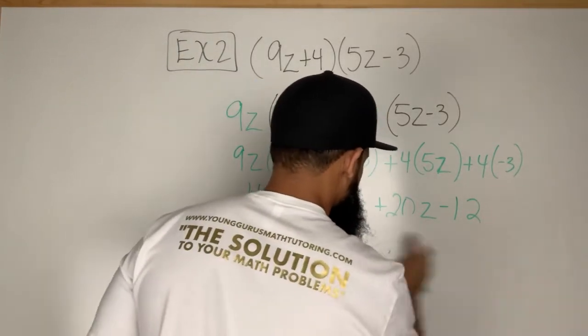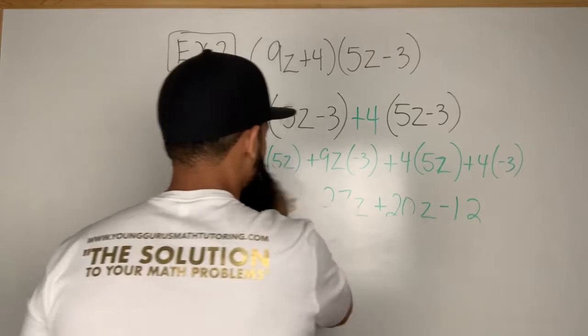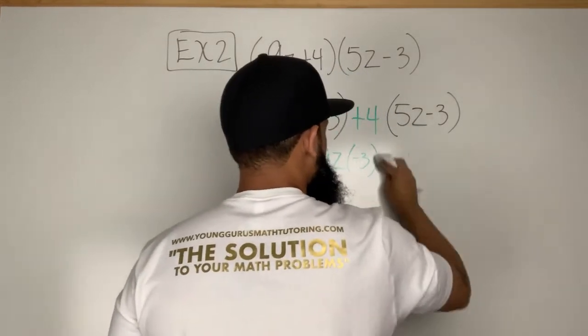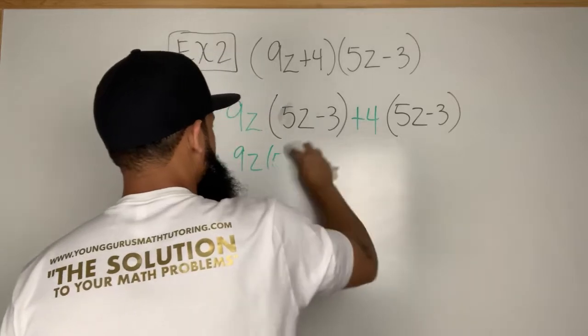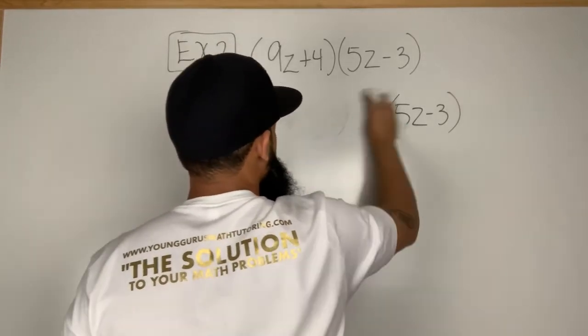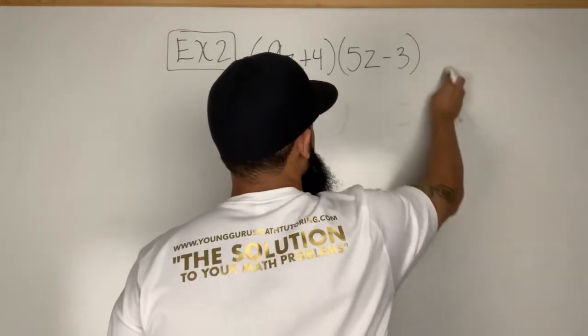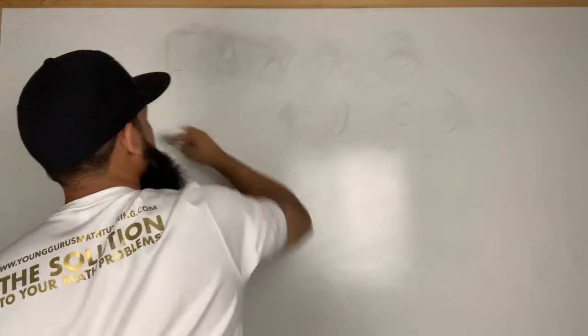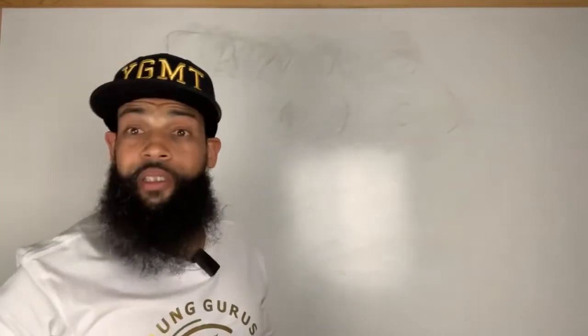Okay, let's do two more. Now that we know the method, I'm going to show you a slightly different approach that might work for you if you're a little more advanced and used to doing this stuff. I'm pretty much just going to multiply them like I know.